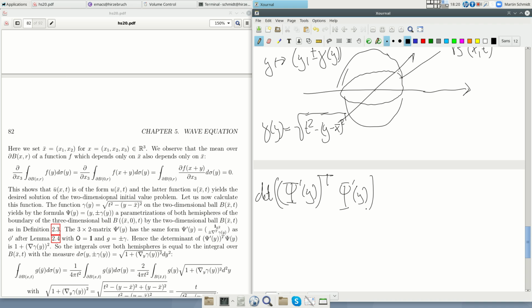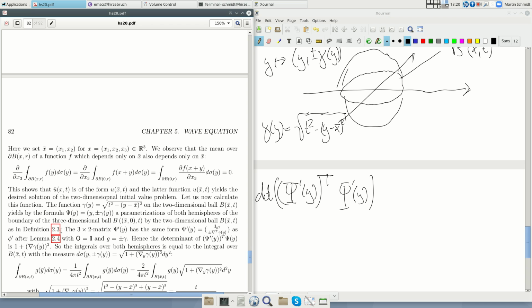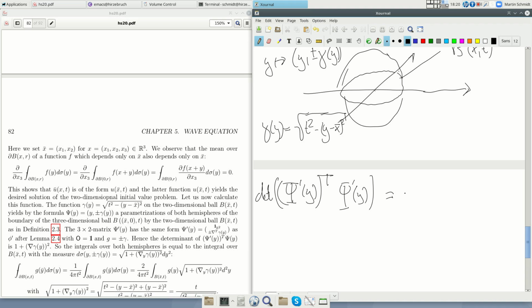This is again of the form which we had already seen, and we had this formula: one plus the gradient of gamma of y squared.